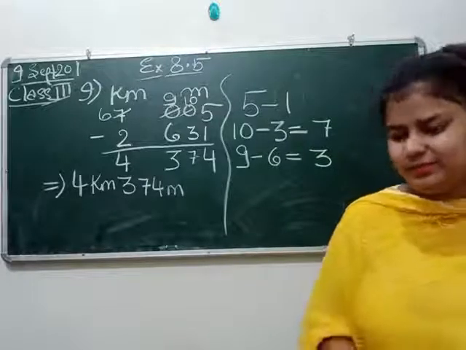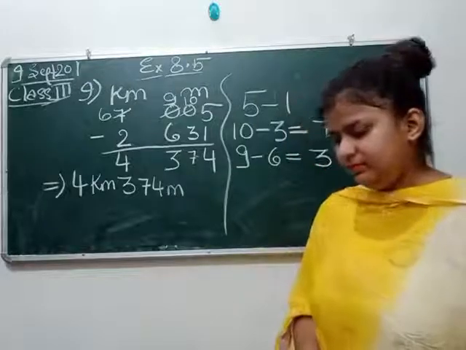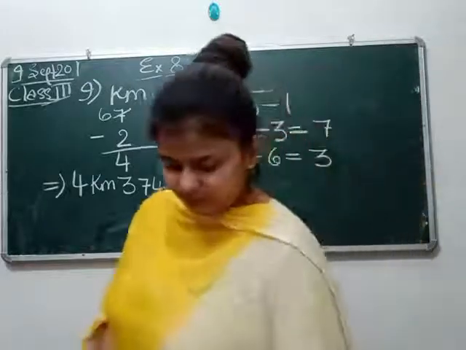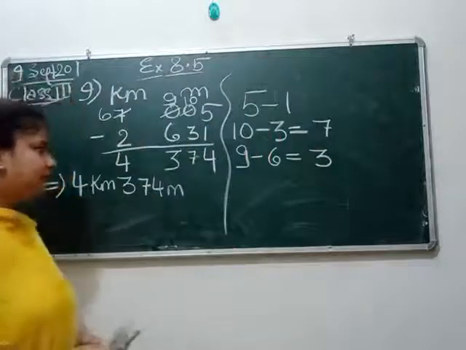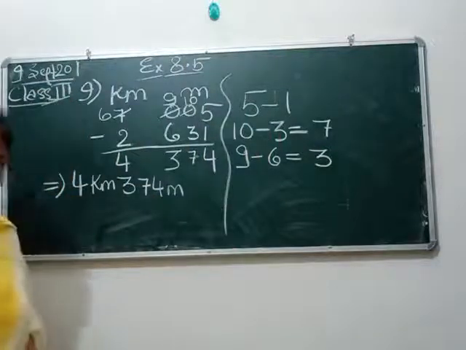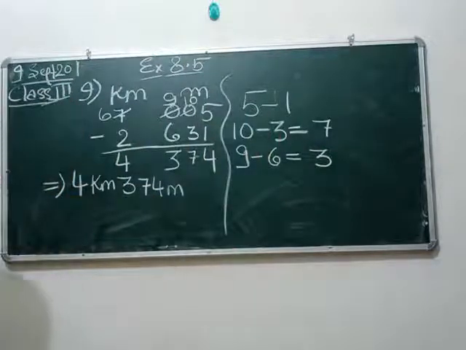Now, do it. Completed? Okay, as you can see, the answer that we have got here is in kilometer and meter. If someone asks us to convert this into meter, how will we do that?